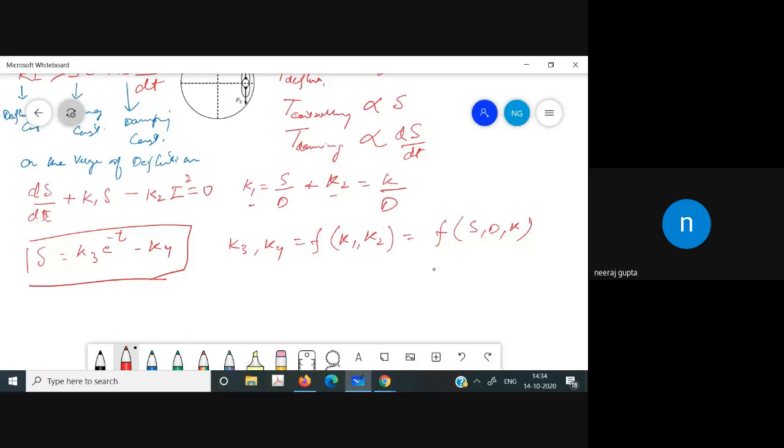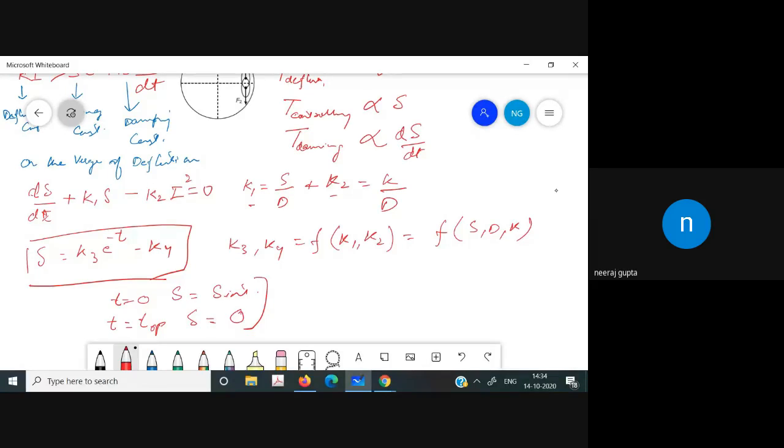Now, at t equals 0, as I told you, the value of delta is delta initial. That is, we have retarded the backstop to that position at time equals 0. And when t equals t operational, that is when it wants to operate, at that time delta is equal to 0, as we have discussed.